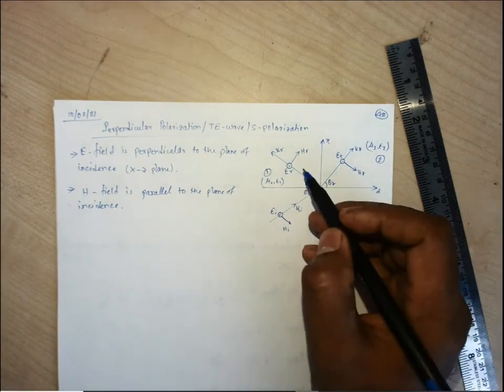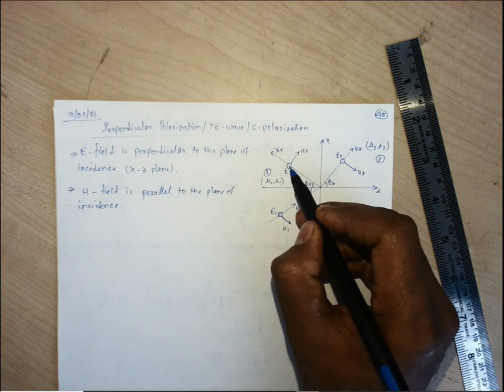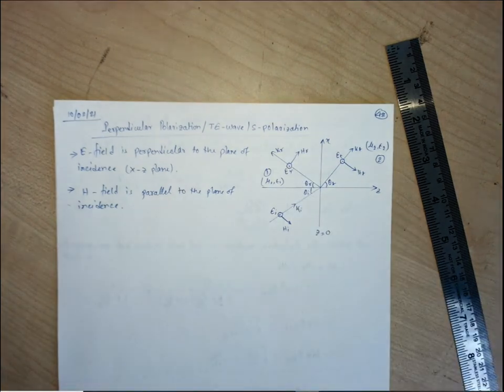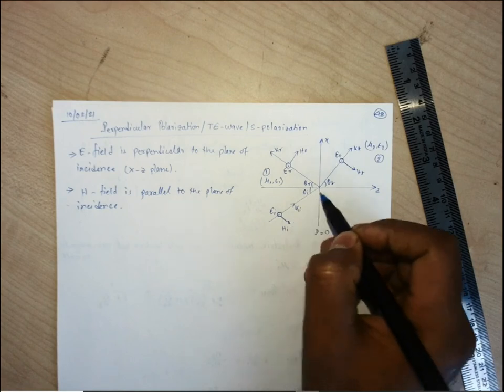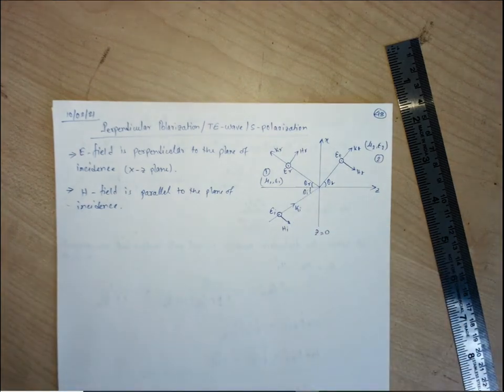Now you will find that the direction of the electric field, when it is reflected and when it is transmitted, is not changed, as we have seen for the magnetic field. For the magnetic field, after reflection, the direction is changed.